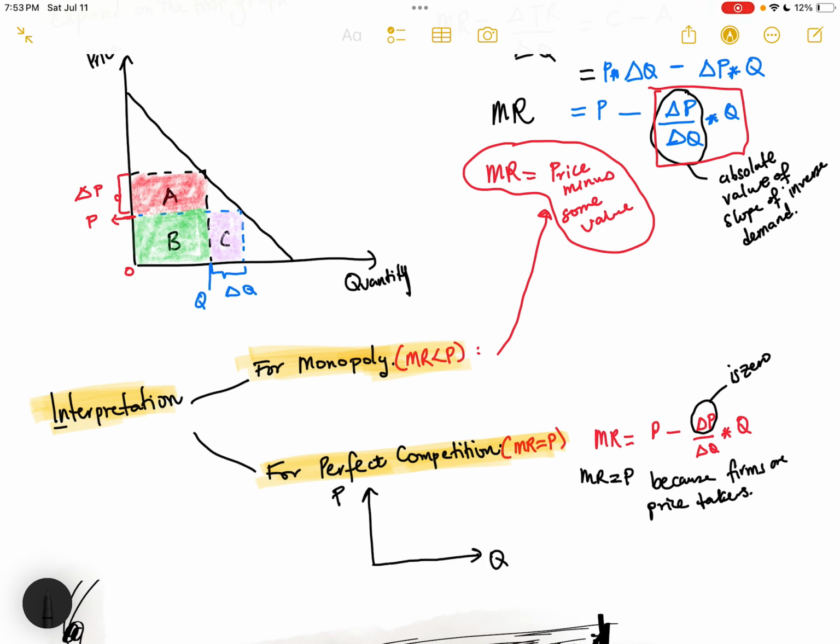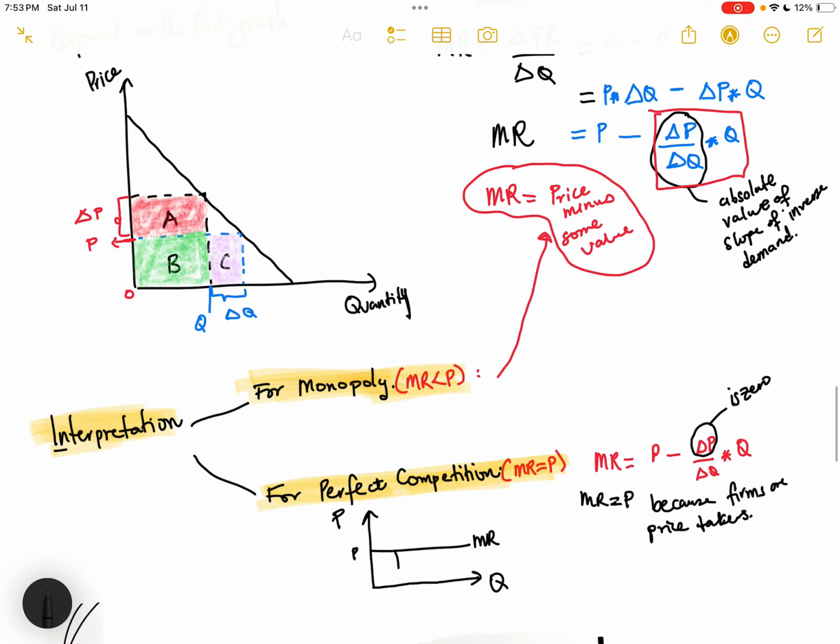Price on the price axis, quantity on the quantity axis, and we have here P and MR, right? In perfect competition, firms can produce whatever quantity they want to produce at that price P. They can't change P, right? Change in price has to be 0. The slope of this horizontal line is 0.